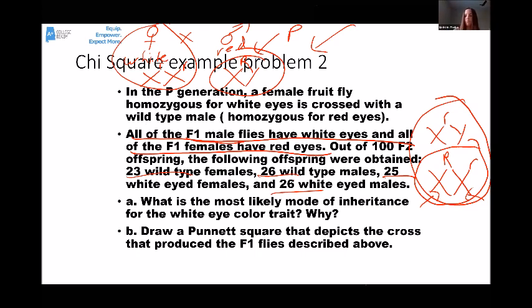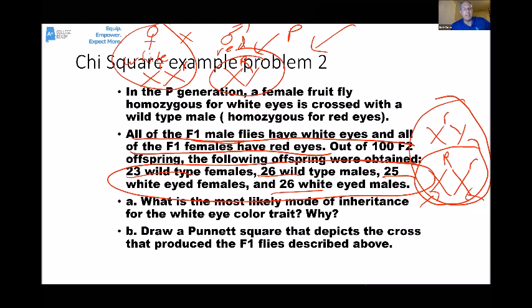No. It means on average, that's what you're going to get. You're not going to get that every time you make 100 babies. What we're trying to figure out is, are these numbers close enough to 25, 25, 25, 25 that the differences are probably due to chance? That's really what we're trying to figure out.